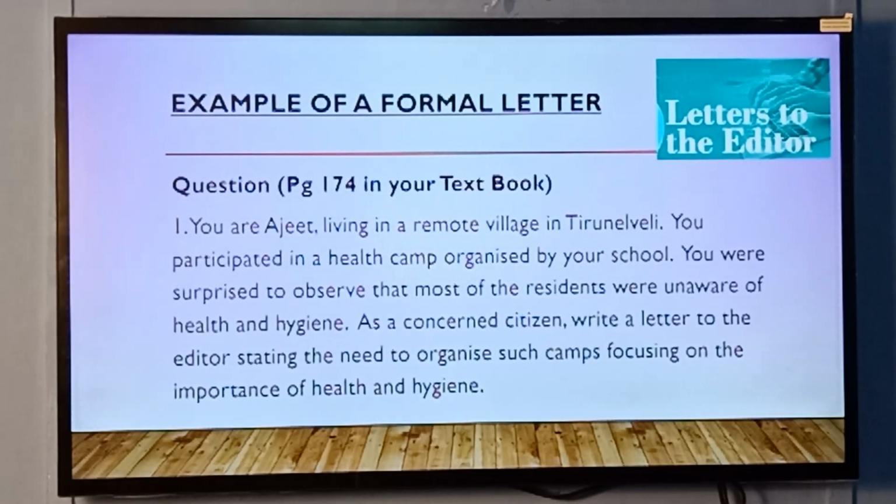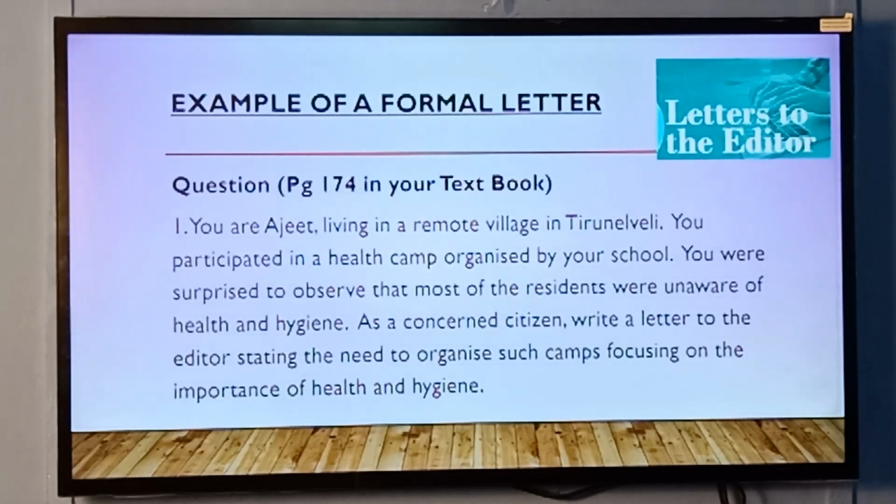Now we shall see an example of a formal letter. I will read the question for you. This question is given in your textbook, page number 174. The question goes like this. You are Ajit, living in a remote village in Tirunelveli.